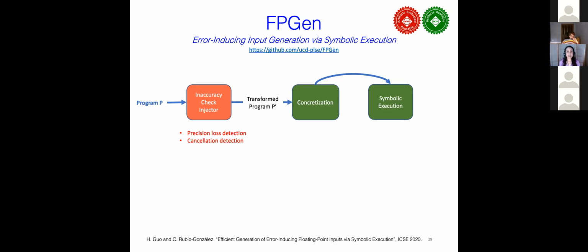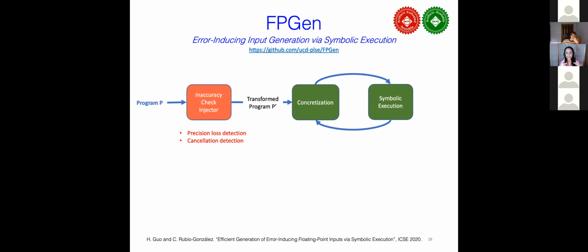Now, FPGen is going to check the status of the symbolic execution engine, and if the engine times out, then FPGen is going to reduce the number of symbolic variables, so it keeps iterating. This partitioning of variables into concrete and symbolic keeps changing until time is out. Symbolic execution has as its goal to maximize code coverage.